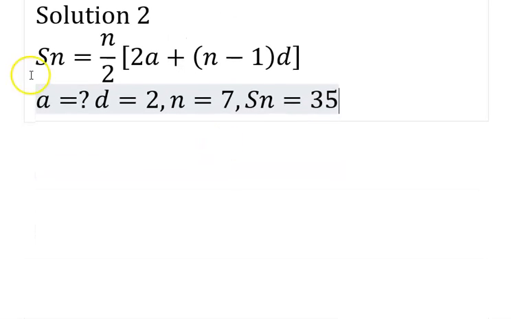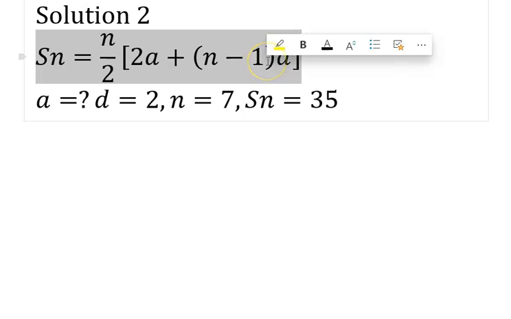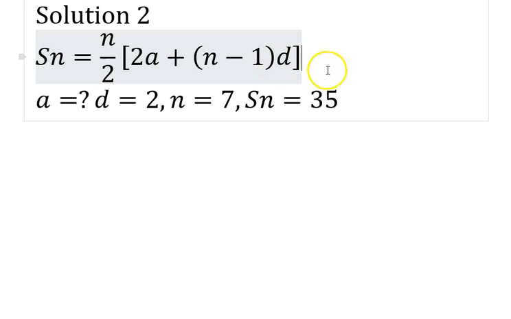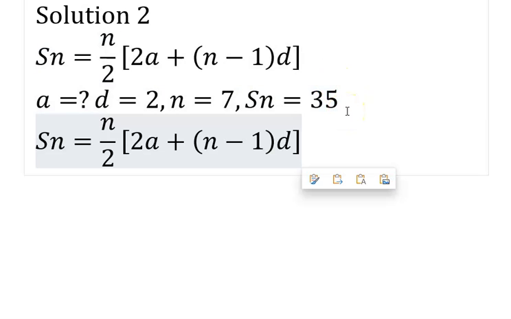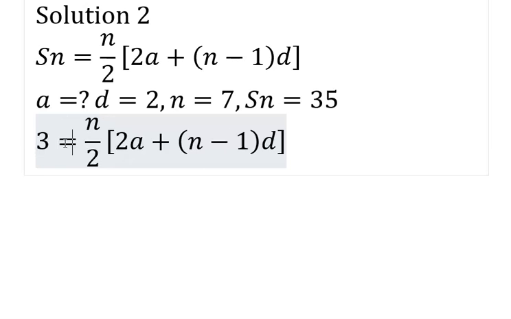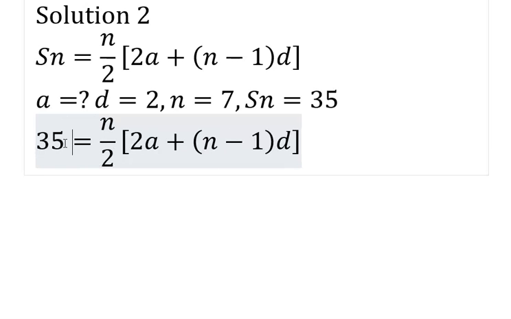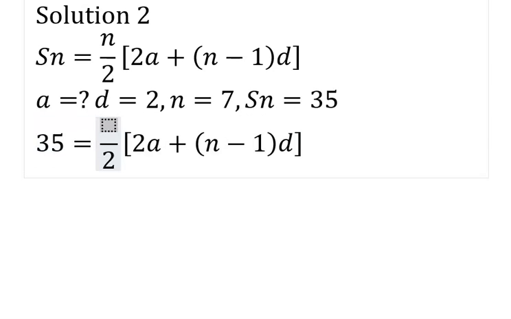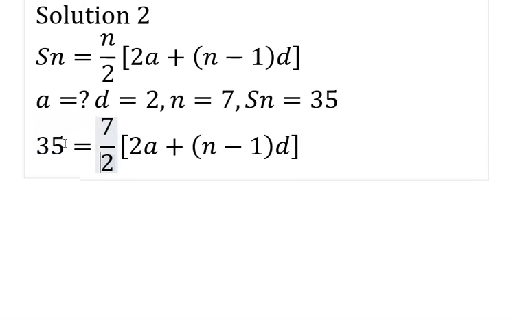So let's see how we go about that. Beautiful. We are given our Sn to be what? 35. Awesome. Then we are given our N to be 7. We are looking for A. We are given N to be 7.